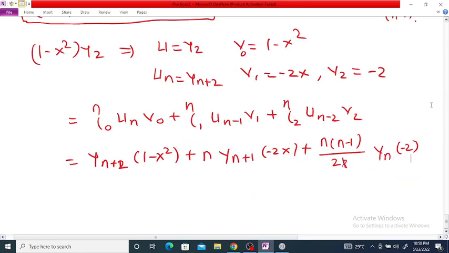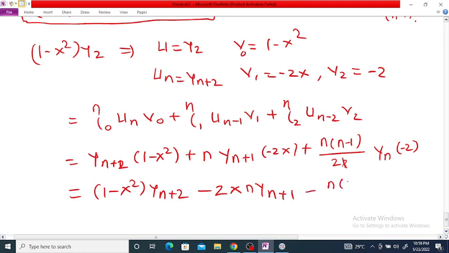If you simplify this, it is equal to (1 minus x square) yn plus 2 minus twice x n yn plus 1. This 2 will get cancelled here, it is minus n into n minus 1 yn. So this is the nth derivative of (1 minus x square) y2.